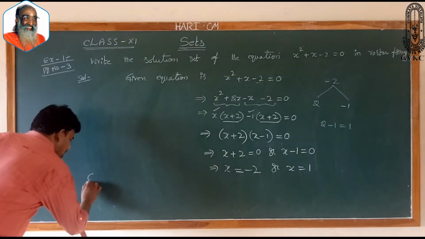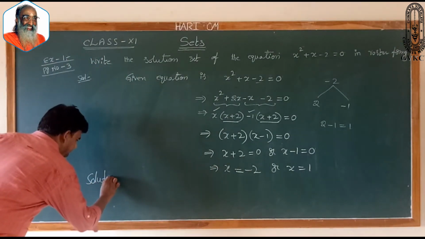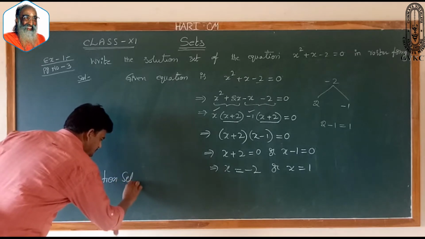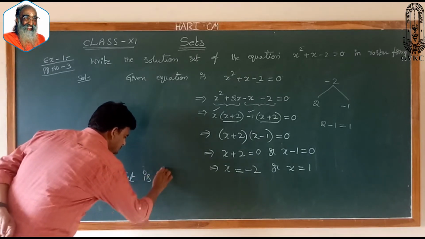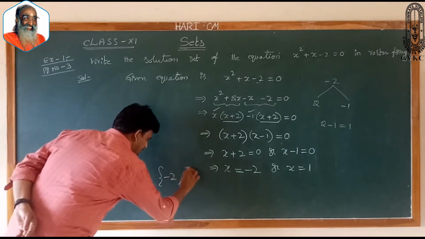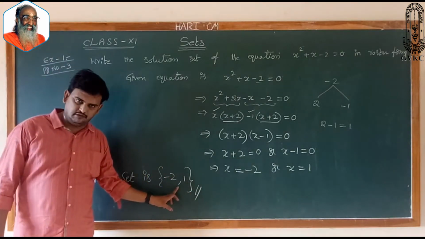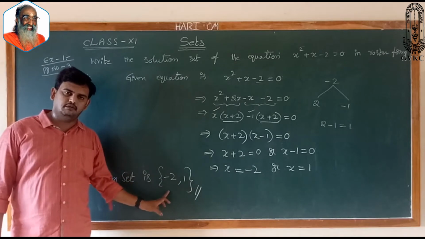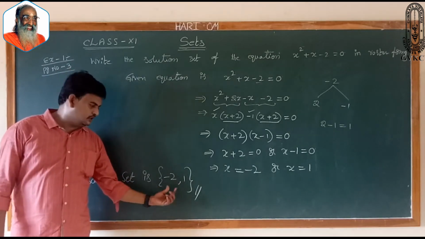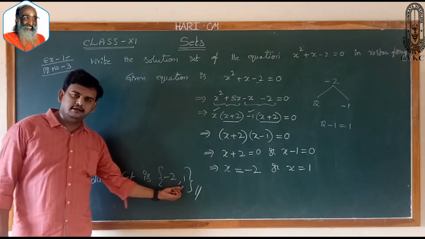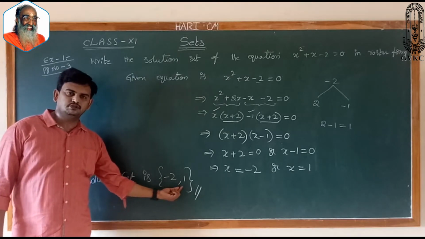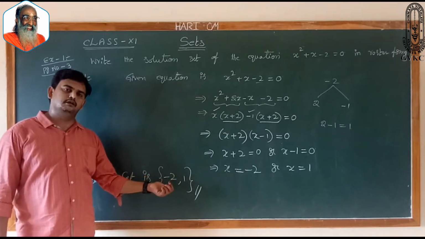So the solution set is {minus 2, 1}. This is nothing but our roster form, because we are able to identify the individual elements here.